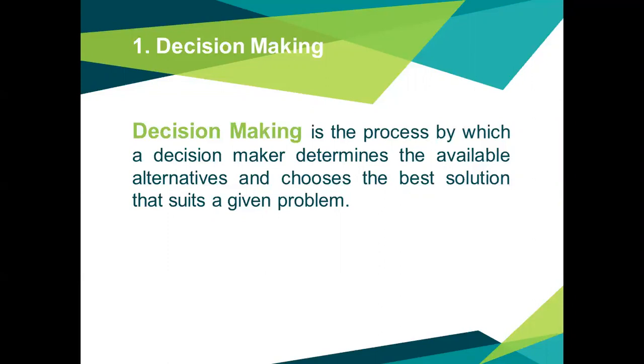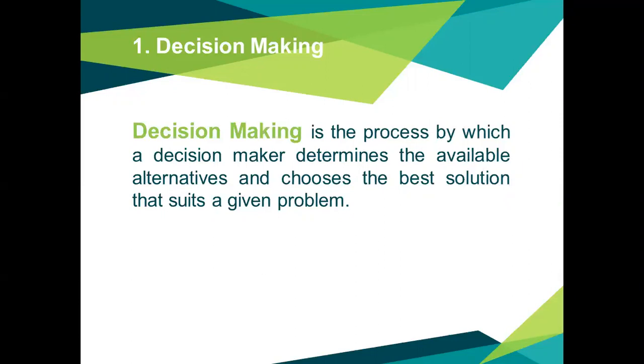It is his responsibility to determine any available alternatives or options that could possibly solve certain problems in the organization. And out of these alternatives, he must be able to choose the best solution.